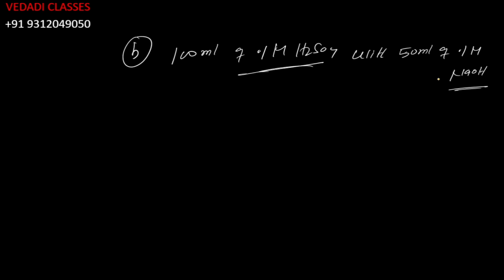This question cannot be solved with the help of M1V1 plus M2V2 is equal to M3V3. You can't apply it here because one is the acid, the other is the base, so they will neutralize each other.